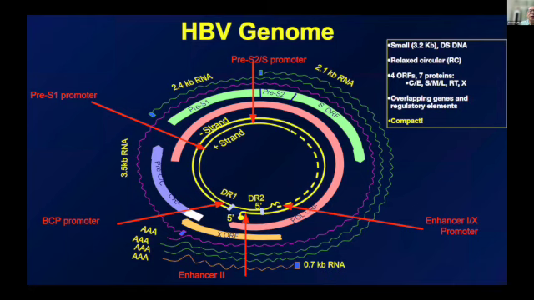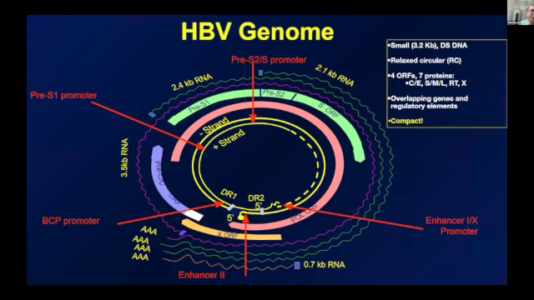The virus encodes 4 open reading frames, or 4 genes, and from those 4 genes produces 7 viral proteins, most of which I already talked about. For example, the 3 envelope proteins, S, M, and L. The polymerase, which is the longest viral gene, encodes the viral reverse transcriptase, or RT.